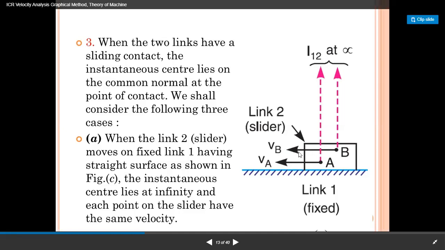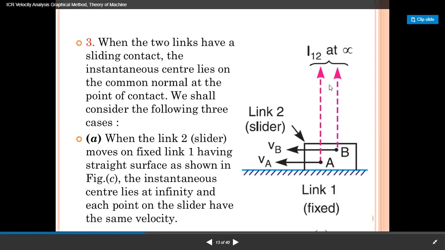The slider has a sliding motion, so the normal is perpendicular to it, a vertical line, and the link is also horizontal, so its normal is also a vertical line. So both lines, the normal to the slider and the normal to the link, are parallel.